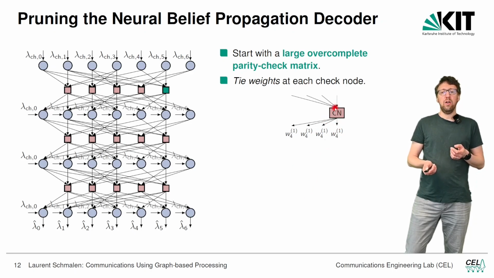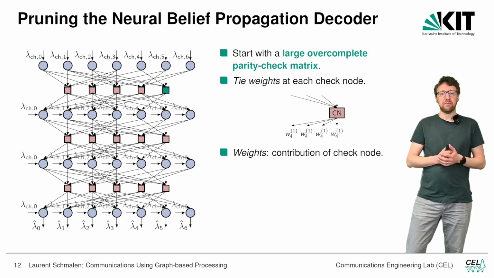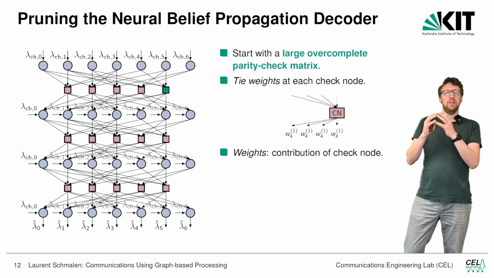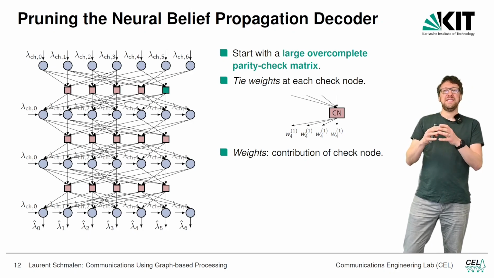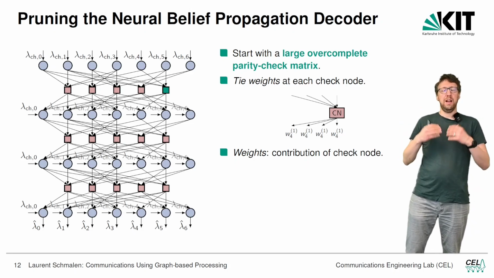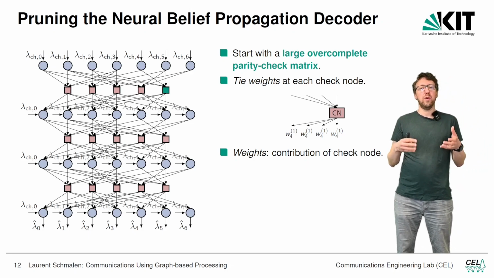Now we say that all of those weights must be identical. That means we tie them, so they are identical. And they denote the contribution of each check node. If you have a small weight, it means the output of this check node is not important. It does not contribute much to the following computations. If it's a large weight, it has a big influence on what's coming next.